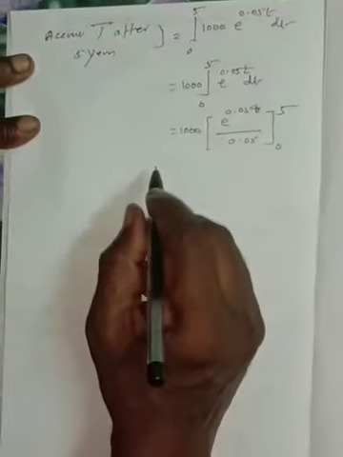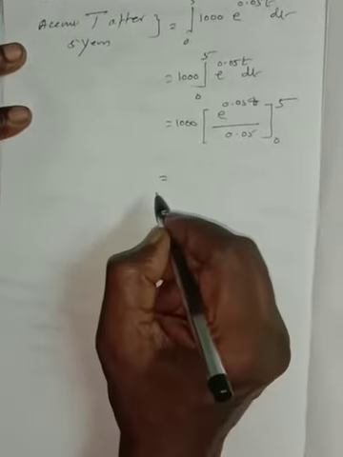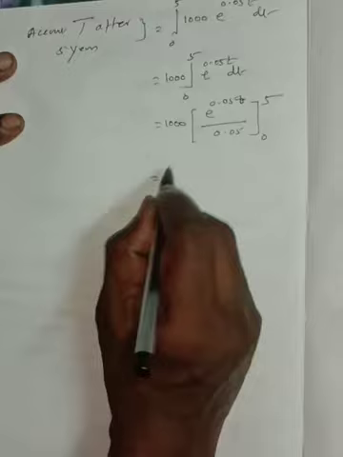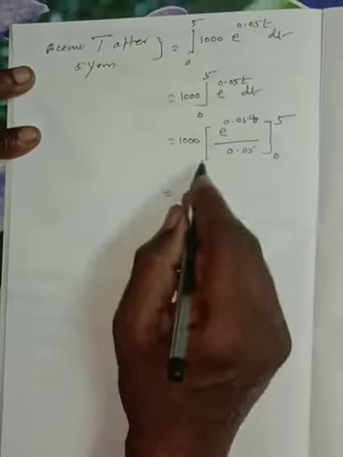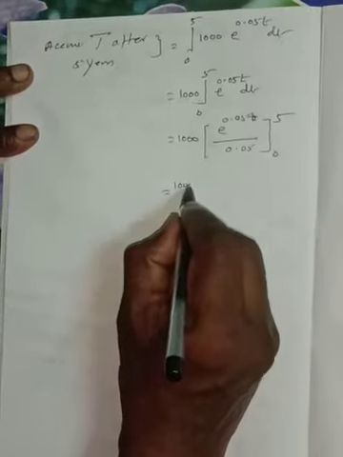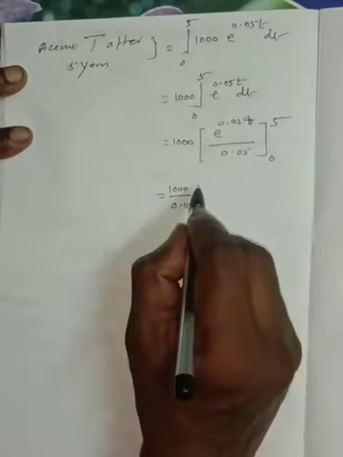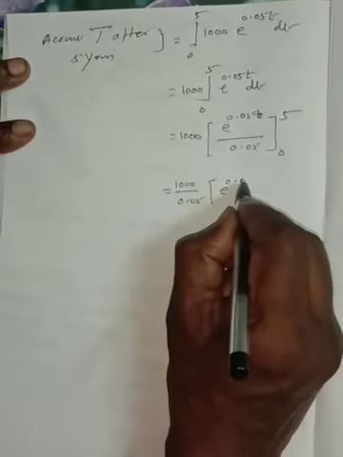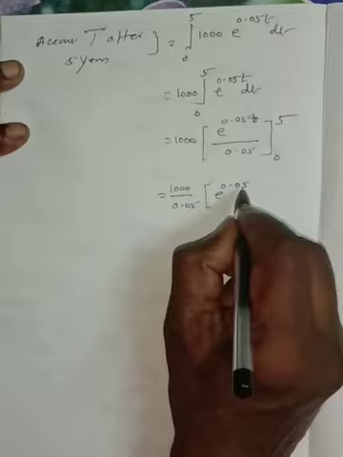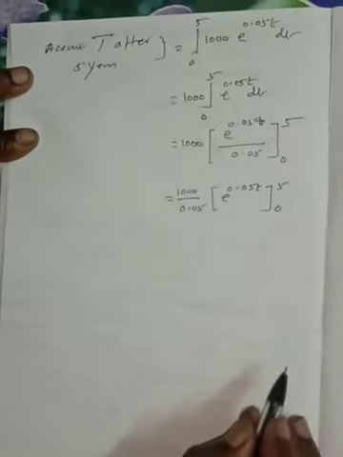Next, 1000 divided by 0.05 is a constant number, so outside the bracket, 1000 divided by 0.05 times e to the power of 0.05 t taken over the limit 0 to 5.